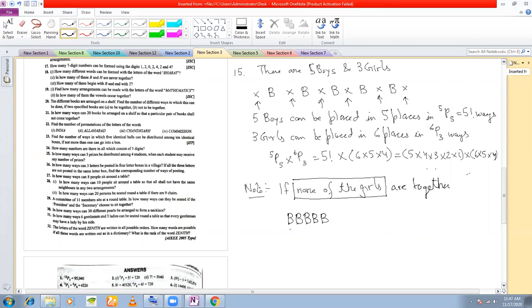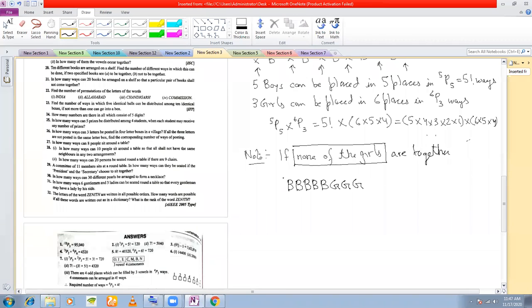So in this case, what you do is you have your boys here, and then you have your girls here, 3 girls. Now what you do here is these 5 boys, you consider all the 3 girls as one. And there are 5 boys here, right? So what does the total come to?